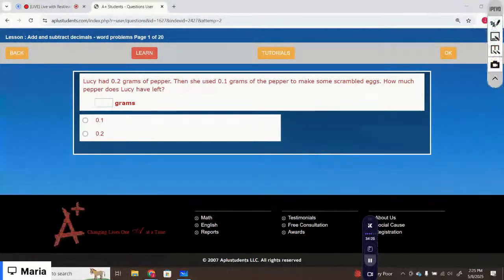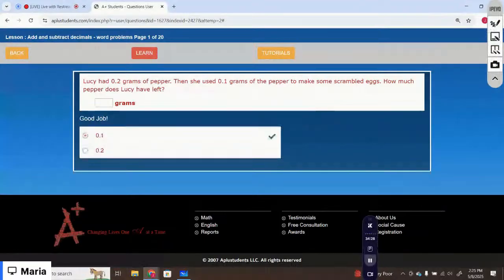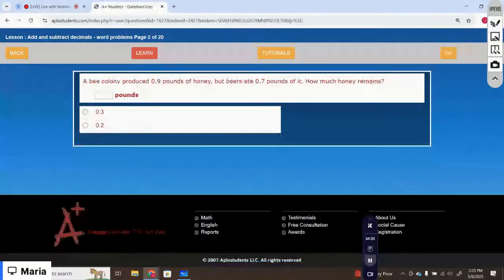That is option number 1, 0.1. A bee colony produced 0.9 pounds of honey.